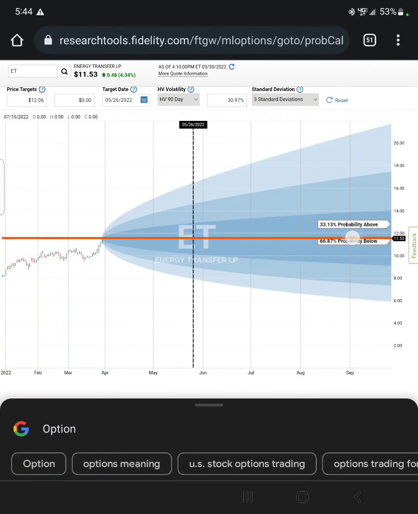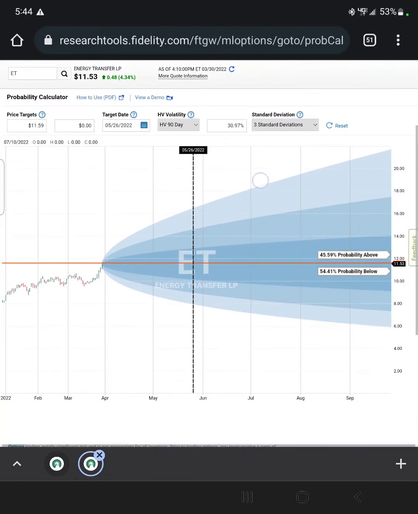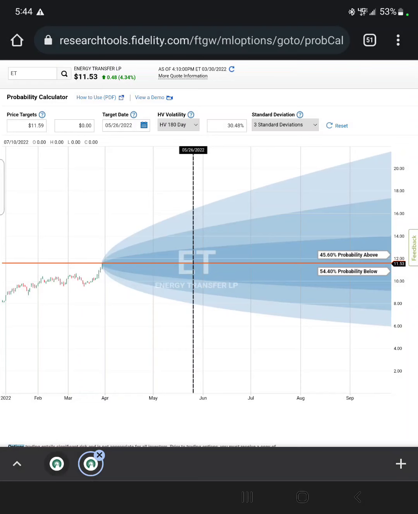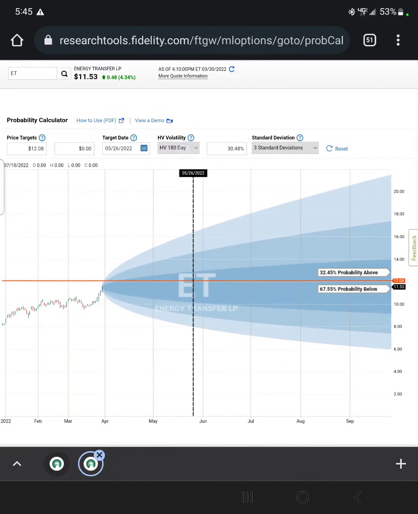It's 12.06. Probably goes up. Man. Yeah. We can even look at having it look at the volatility for 180 days. Still not better. Yeah, so this is still showing that it's got a really good probability of being lower.